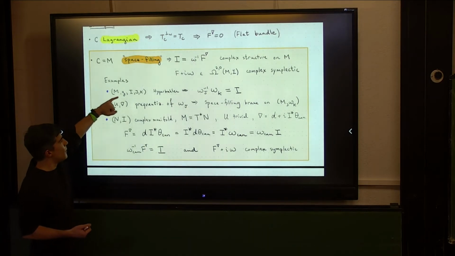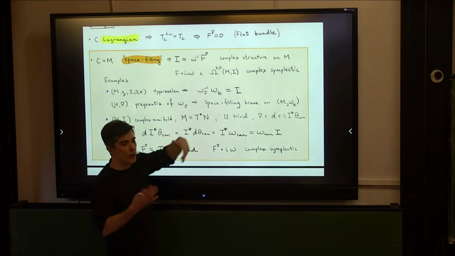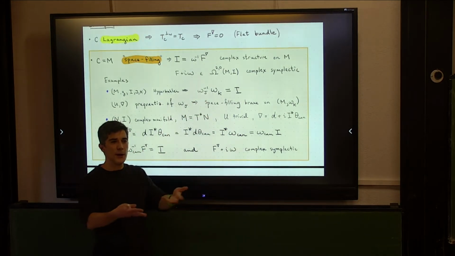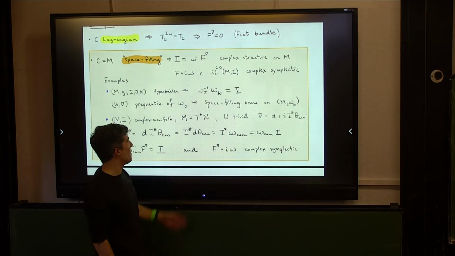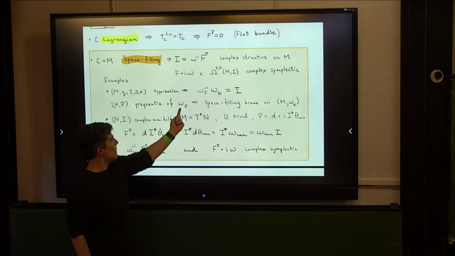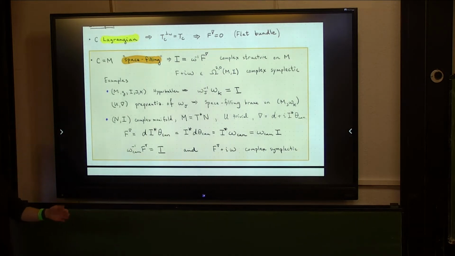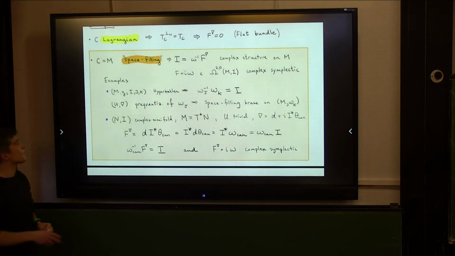Simplest way, if you have a hyperkähler manifold, then just take the holomorphic symplectic structure that you have on a hyperkähler manifold. If you can pre-quantize omega J, then we have a space-filling brane. So anytime you have a hyperkähler manifold, if you take one of the symplectic forms and you can pre-quantize it, that will be a brane for one of the other symplectic forms.